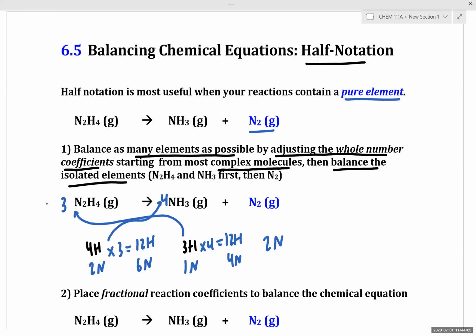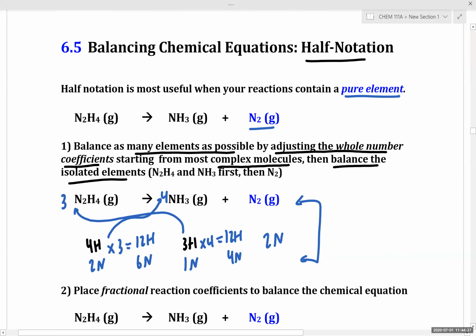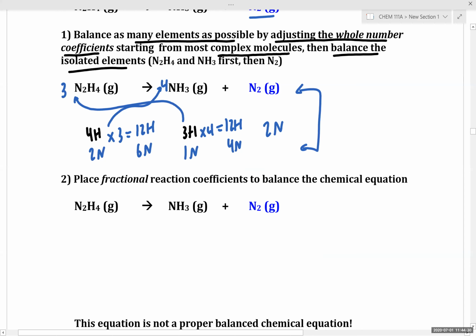Now, to showcase a little bit about what is happening under the hood, what is happening internally and why this least common multiple method works, instead of using the least common multiple method, especially when you have a pure isolated element, what you can do as an alternative is place fractional reaction coefficients to balance the chemical equation.